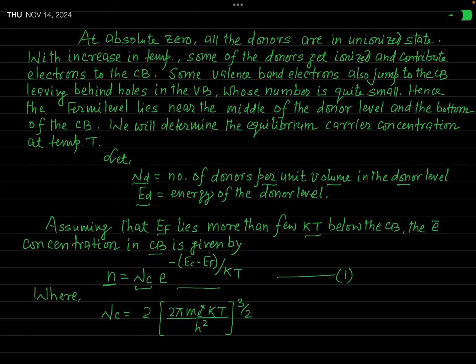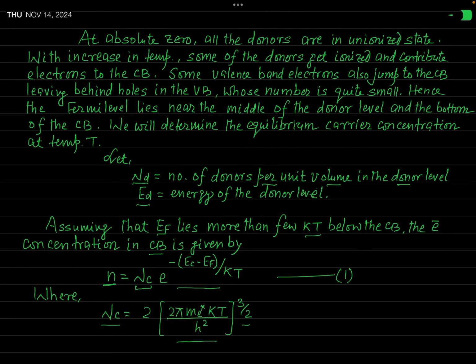You know this Nc, which is actually called the specific number density of conduction electrons, and this is given as 2 times (2 pi me star kT over h squared) to the power 3 by 2.